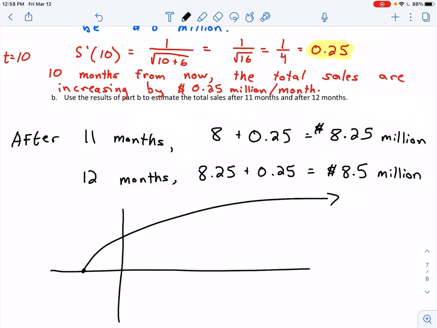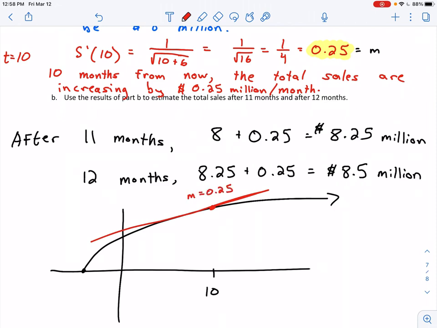Remember, we can also interpret that number as a slope. That represents the slope of the tangent line at 10. So if I were to look at t equals 10 and sketch in the tangent line, which I'll do in red right here, I would see something that looks roughly like that with a slope of 0.25.